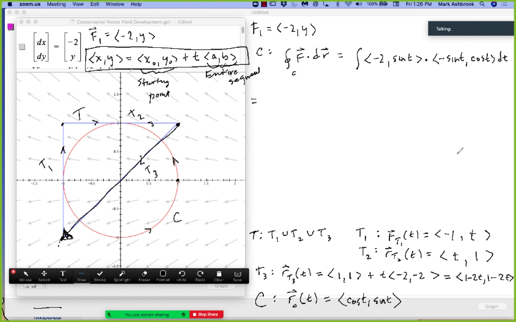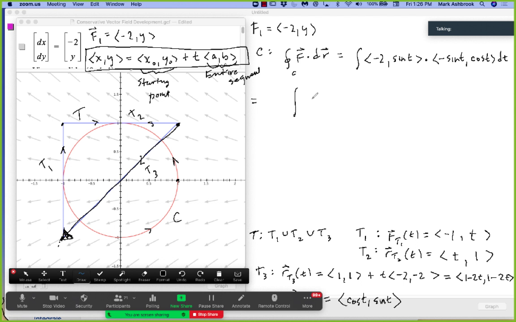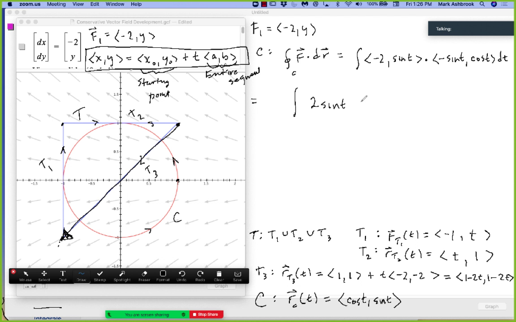Are we good? And do the dot product, and you're going to get, looks like, +2 sine t plus sine t cosine t dt.